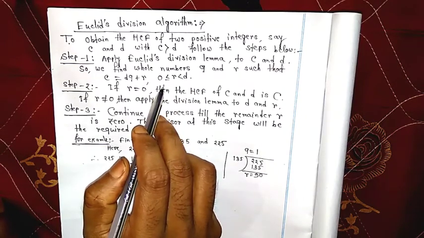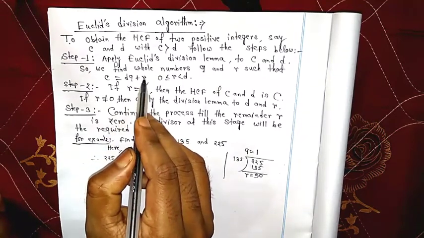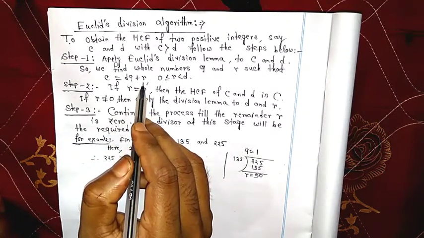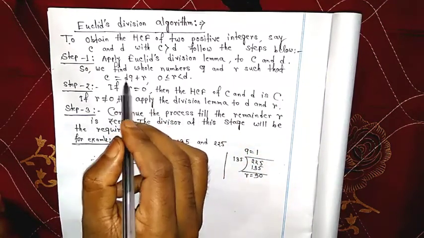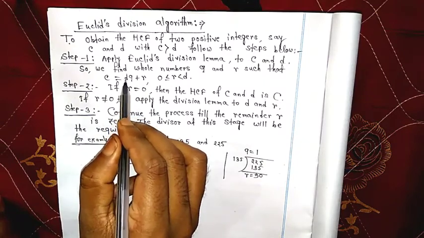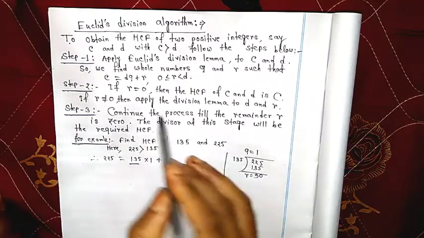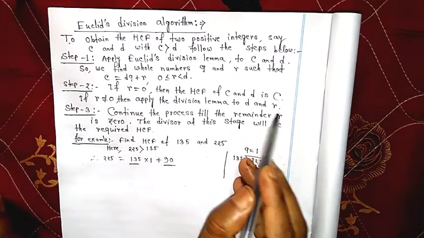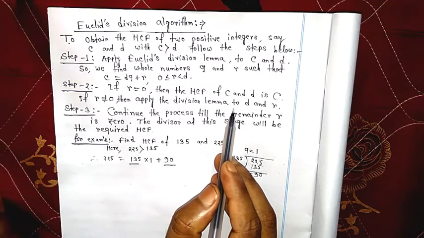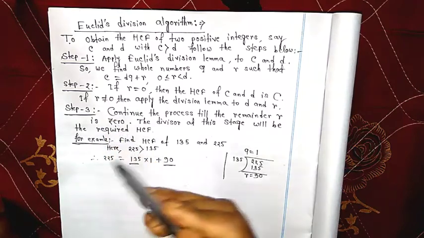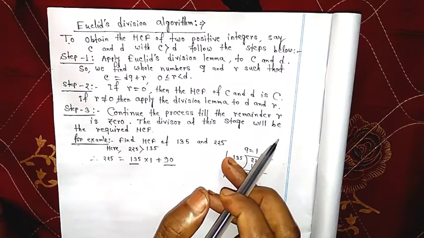Step 2: if r equal to 0, then we get the HCF, and that HCF is d. If r equal to 0, then HCF of c and d is d. If r is not equal to 0, then again apply division lemma to d and r. If r not equal to 0, we again apply the division lemma as in step 1.